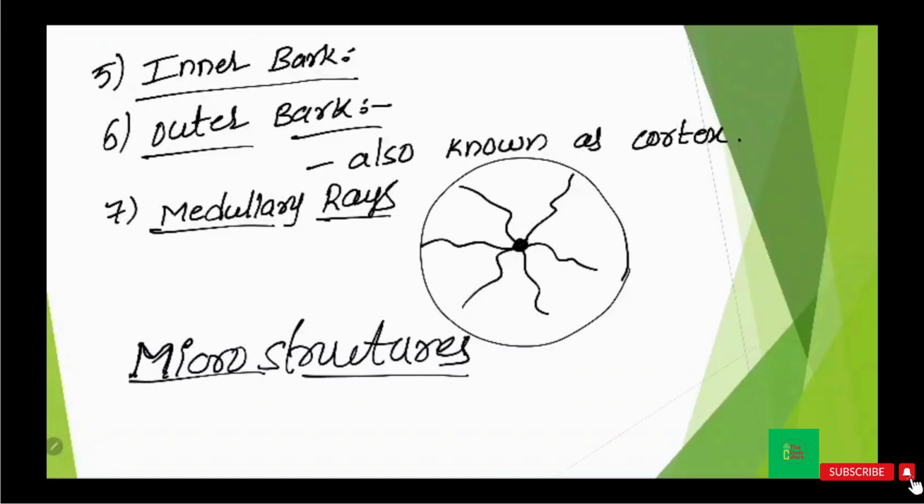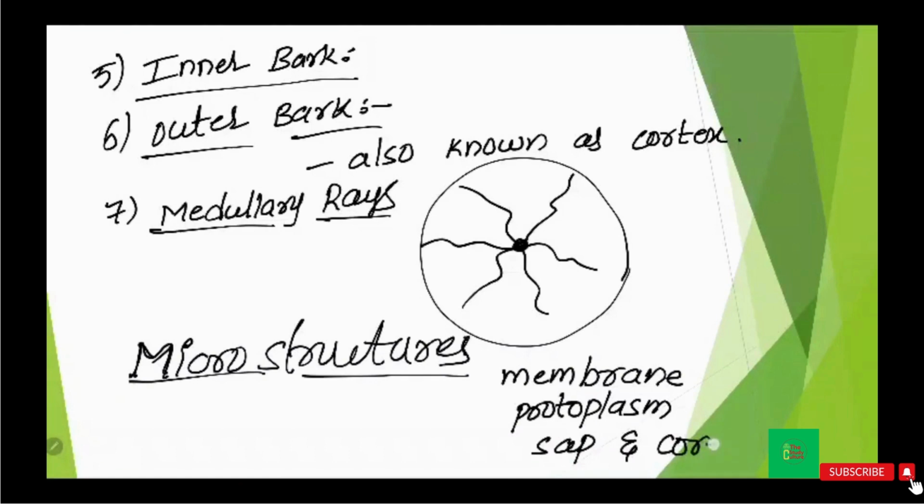A living cell consists of four parts, namely membrane, protoplasm, sap and core. These are the parts in the living cell.